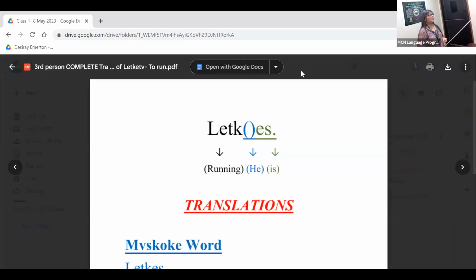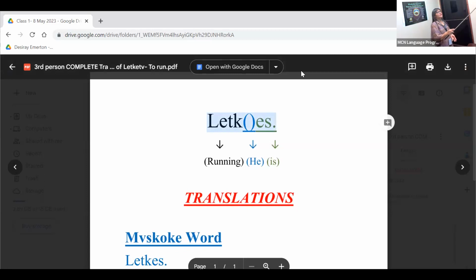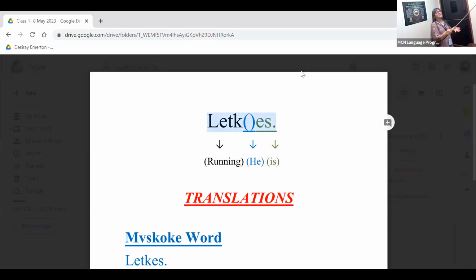All right. So here it is in third person. Litkis. Like I said, it's been a long weekend. Ligits. Pardon me. Litkis. Whew. Goodness gracious. You have to get over that little hump. All right. So running, he is.